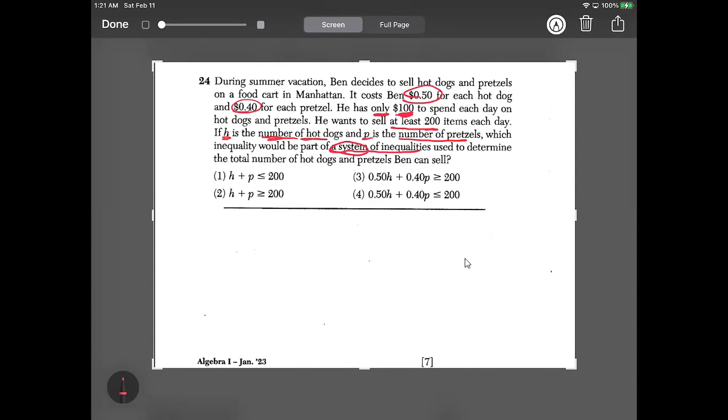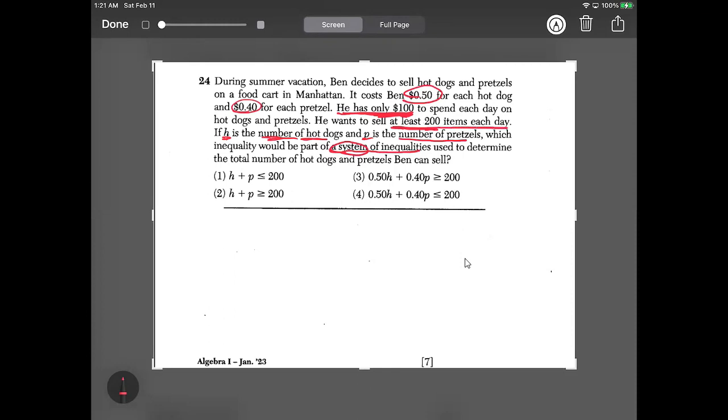Now, here's the thing that I would look at first. It already tells you that we have only $100 to spend, but there's no reference to the $100 in here. And then it says he wants to sell at least 200 items per day.